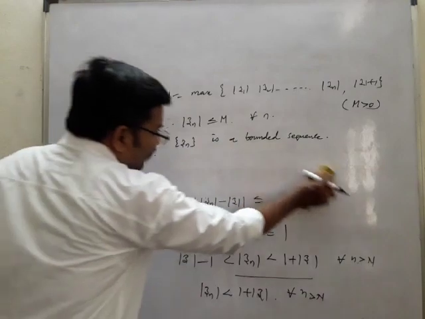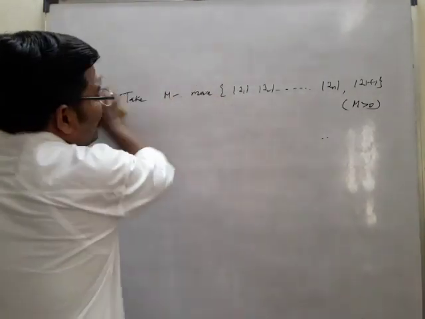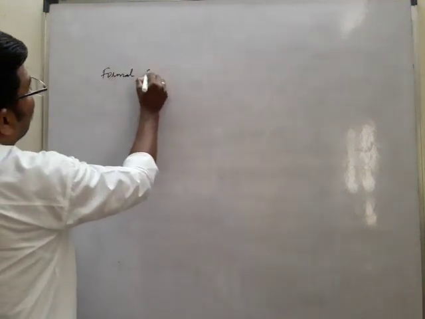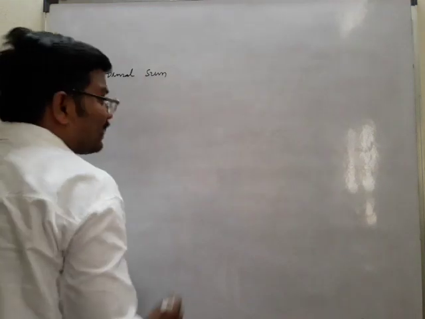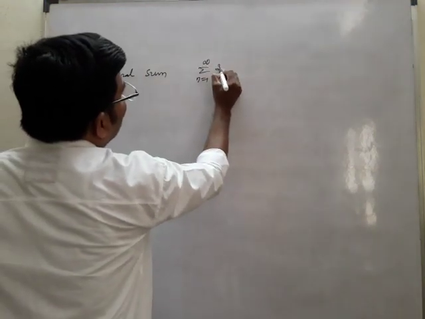Now we will go for another important definition which is very useful to solve problems. The definition is like this. Suppose you take a formal sum, summation n equal to 1 to infinity Zn.